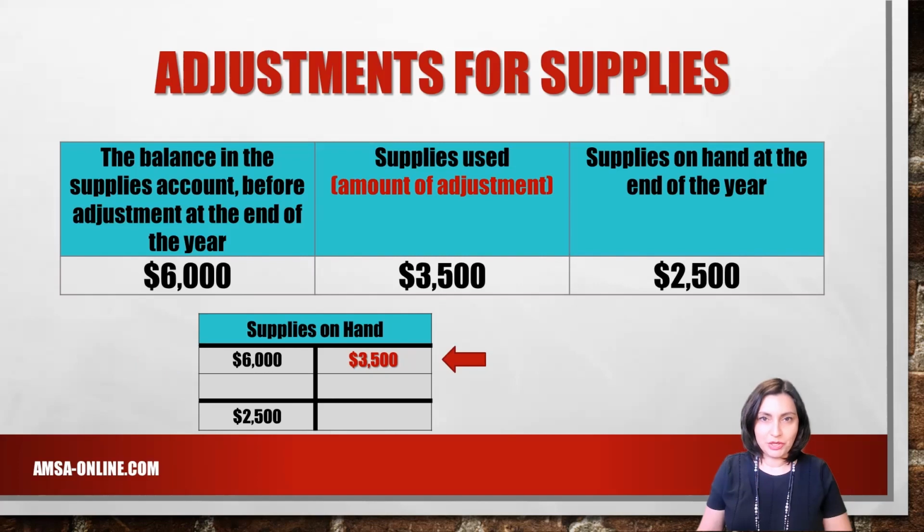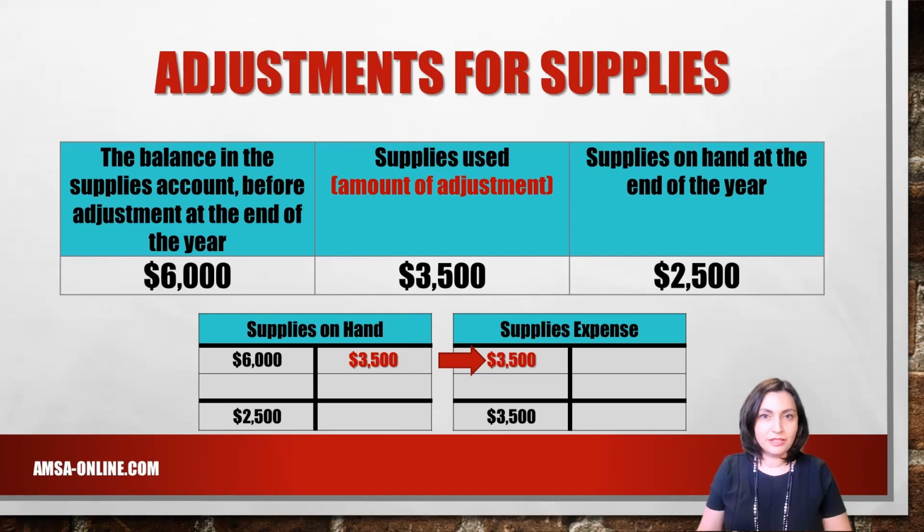To record the supplies used during the year, we need to decrease or credit the supplies on hand account by $3,500. The offset account is supplies expense. Expense accounts have the same rules of debit and credit as asset accounts.